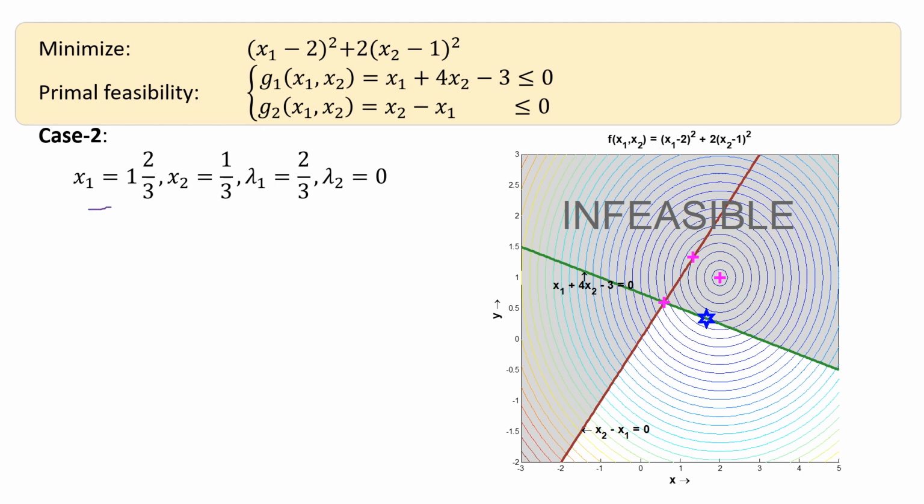This is x1 is 1 whole 2/3 and x2 is 1/3. Which point is this? It's this point marked star. In fact, it will be the global minimum, as we will later see, but for now we'll pretend that we don't know it's the global minimum. It's one of our candidate solutions. Let's retain this solution.